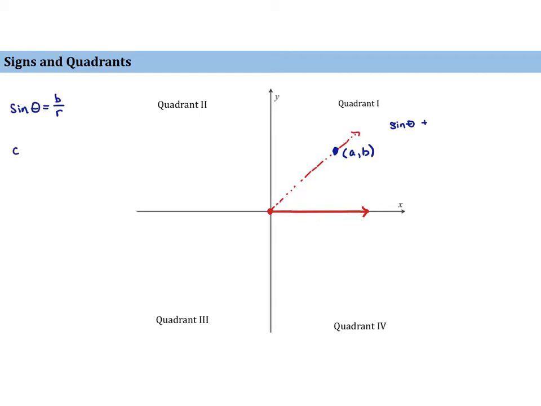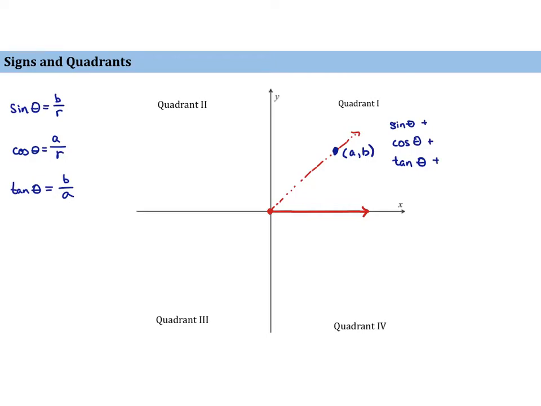Cosine of theta is A over R, and in the first quadrant, A would be positive, and R is always positive, so cosine of theta would be positive as well. Tangent of theta is going to be B over A, and in the first quadrant, all of those are positive.